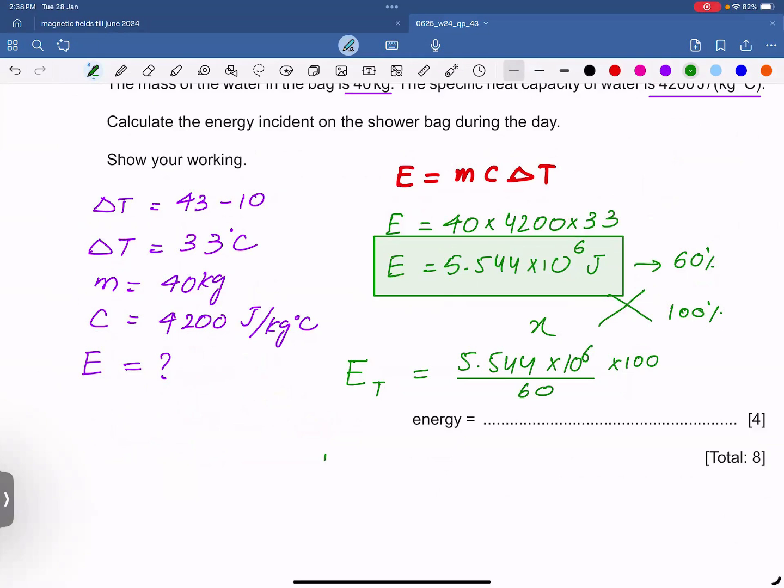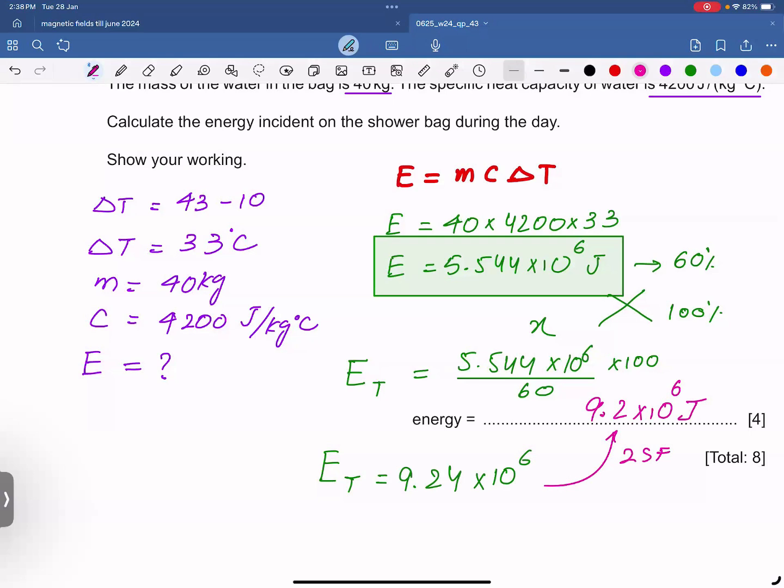This comes to be total energy 9.24 times 10 power 6. Now you will round it to two significant figures over here, which will be 9.2 times 10 power 6 joules.